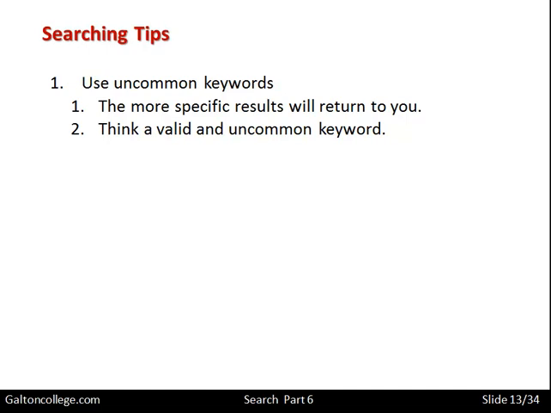So try to imagine in the mind of the developer, you're interested in a certain search. Is it possible to come up with a keyword that relates to that search that might be a little unusual? If it does, it'll help in the search process. It'll help bring back a more refined set of results.